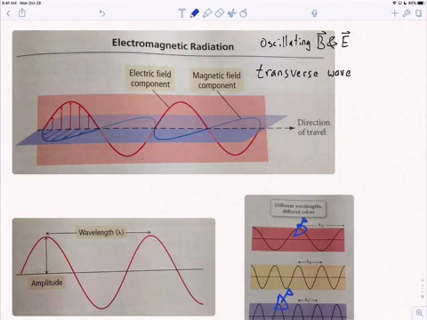Meaning, if the wave is going this way, the electric field is going up and down. Perpendicular to that, the magnetic field is going up and down this way.